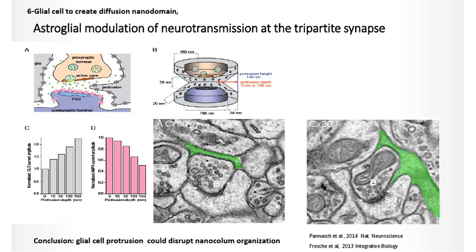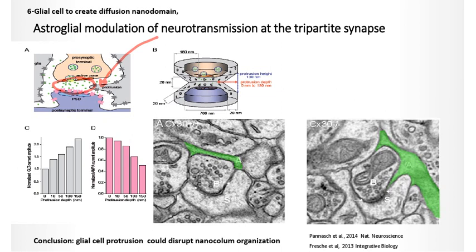So now another interesting part of nanodomains is how calcium can be restricted in this region, and how these nanodomains could, for example, be perturbed. It is known that under some specific conditions glial cells can penetrate, or on the contrary are prevented from penetrating, into the synaptic cleft.